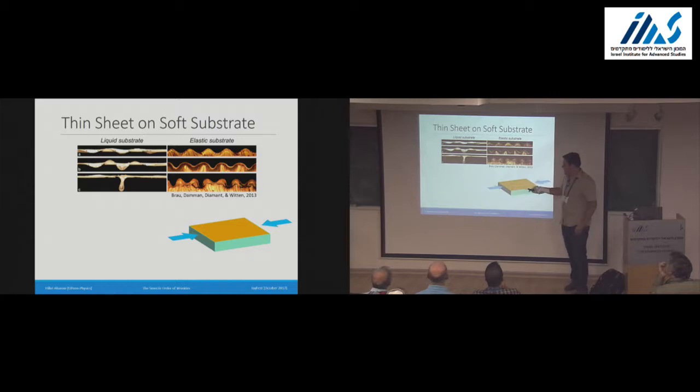Typically in the liquid it will make a big fold, in a solid it will make some kind of period doubling. But in today's talk I'm going to talk about this linear regime in which we get wrinkles at this finite wavelength.